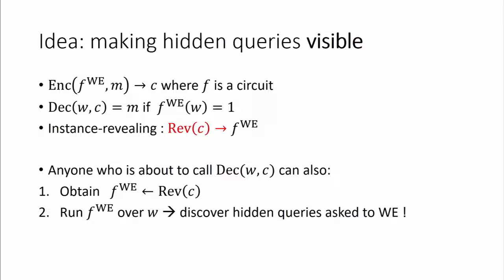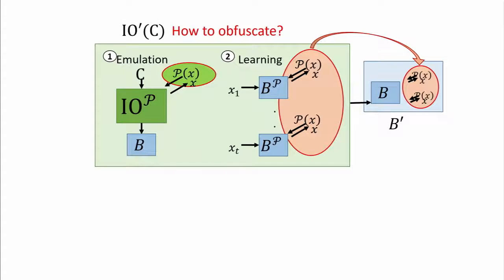Which means that if the primitive was extended witness encryption, this is a simple trick to make sure that all these black circles are not black anymore. With a simple modification to the algorithm, everybody who is calling a decryption query, for free, has access to a list of what is asked inside that.